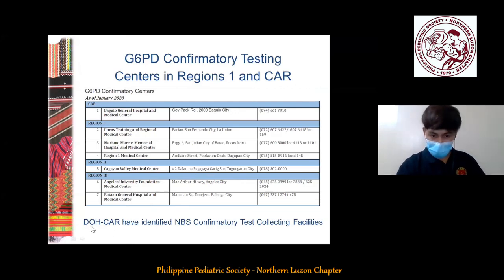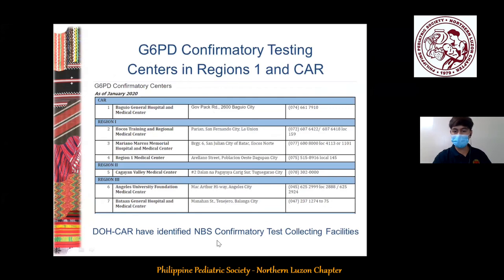Also, dito sa baba, DOH CAR have identified NBS confirmatory test collecting facilities. This is the first collecting facilities na na-develop sa buong Pilipinas through Dr. Narciso. We have the list in DOH CAR sa mga confirmatory test collecting facilities.